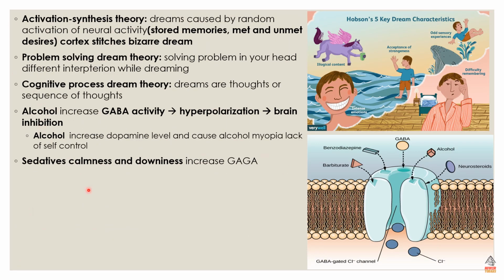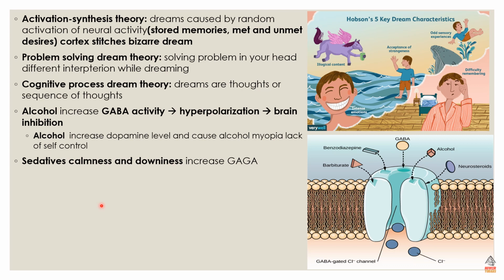Next, you have the activation synthesis theory. Sometimes you get weird dreams, or you don't even know what's happening in a dream at all. This is what activation synthesis is: a dream caused by random activation of neural pathways and neural activity. These are a mix of stored memories, met and unmet desires, and the cortex stitches together a bizarre dream.